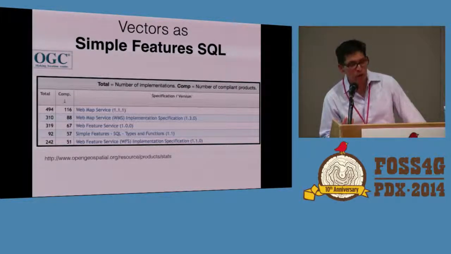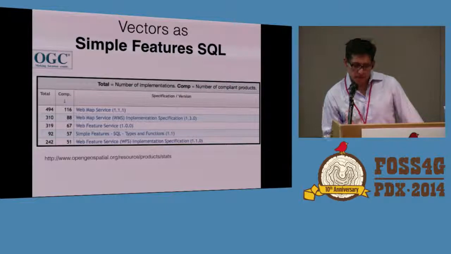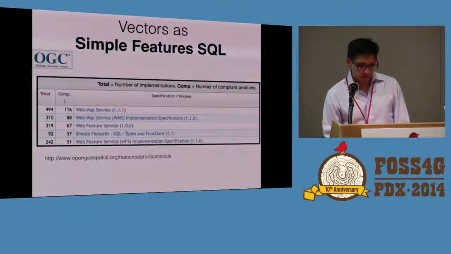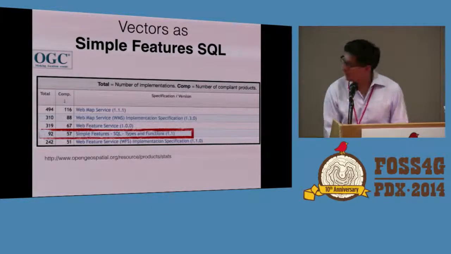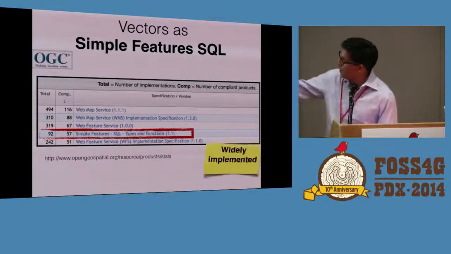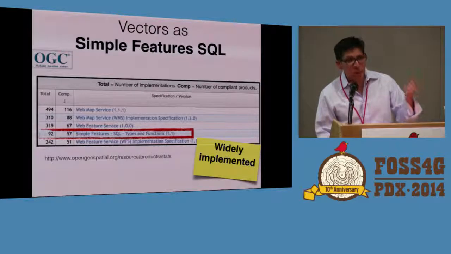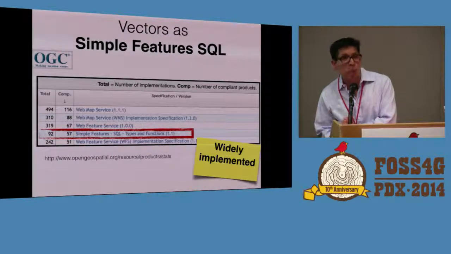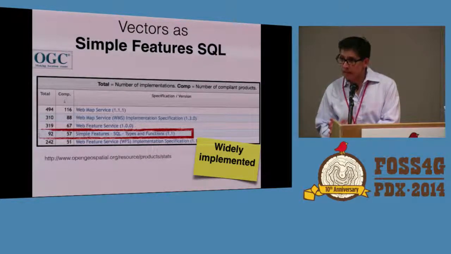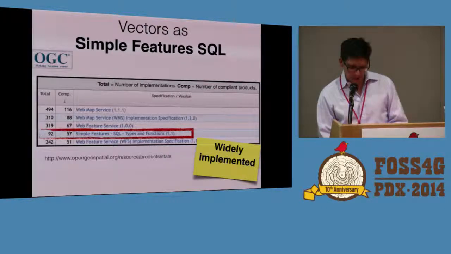And I will talk about what compliant means in a few seconds. So it's widely implemented. So I can put here the tag, yes, it's widely implemented. It's a good choice to use Simple Features SQL. So GeoPackage is going in the correct direction.